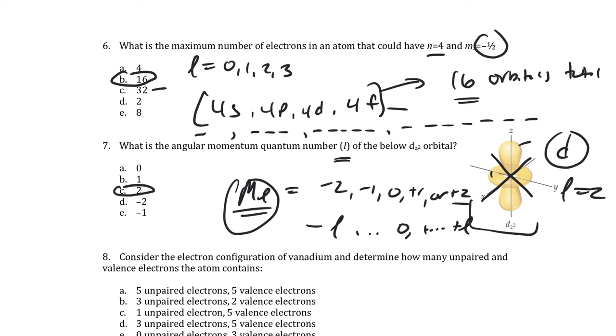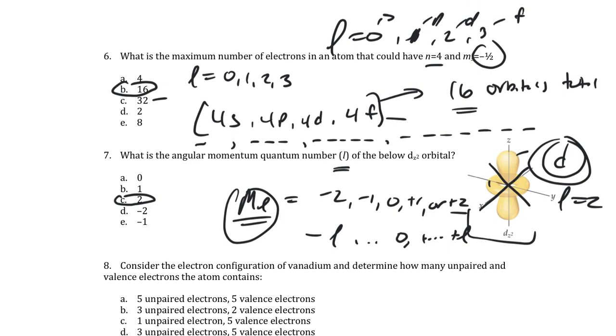Oh, I didn't even understand the answer to the problem itself. So the problem here is to look at the orbital to determine that it's a d orbital first. As long as you determine that it's a d orbital, then the question is, what would the l value be? If it's a d, the l has to be 2, because that's the definition of d. Remember, l=0 is s, l=1 is p, l=2 is d, l=3 is f.